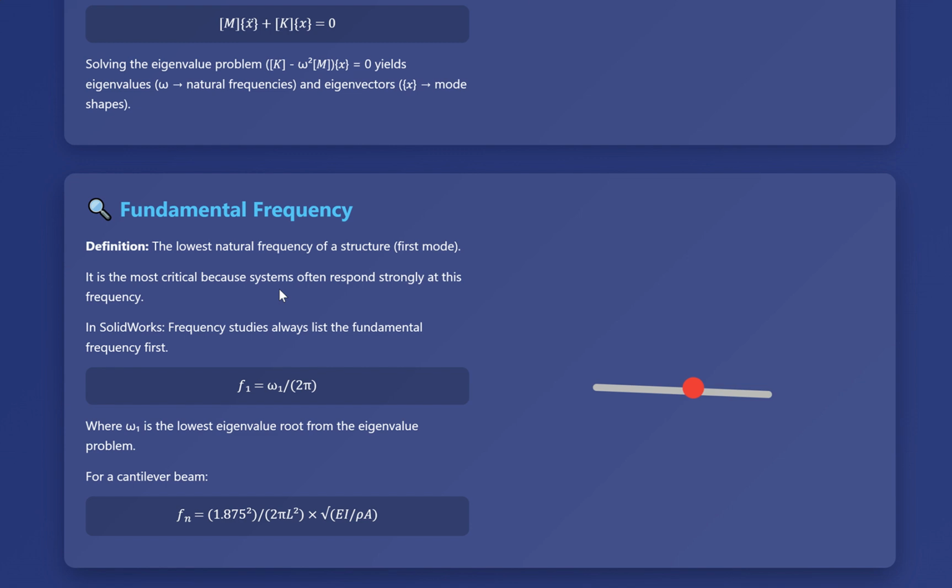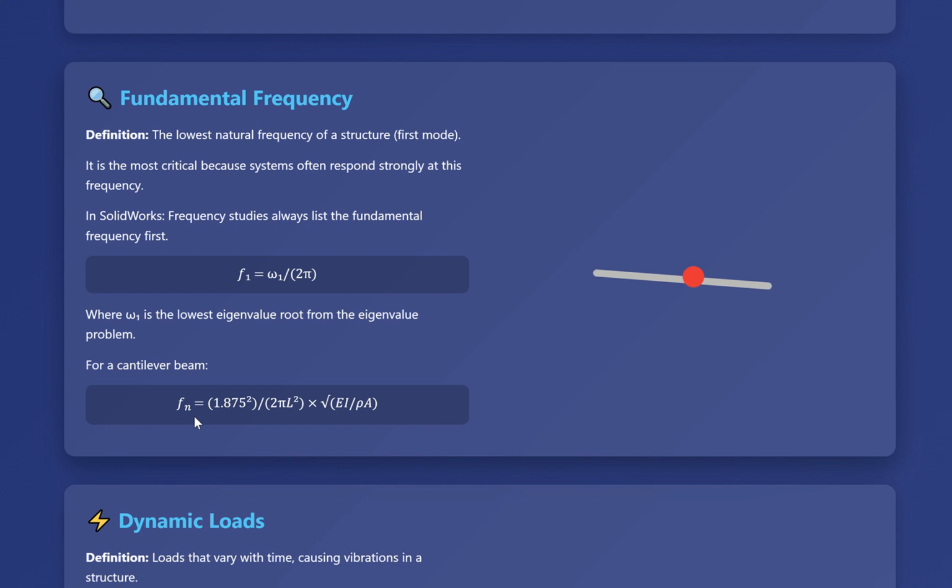As I've demonstrated, the first mode shape will show you the fundamental frequency, the lowest natural frequency of a structure. This is the formula to calculate the first mode shape using omega 1 over 2 pi.